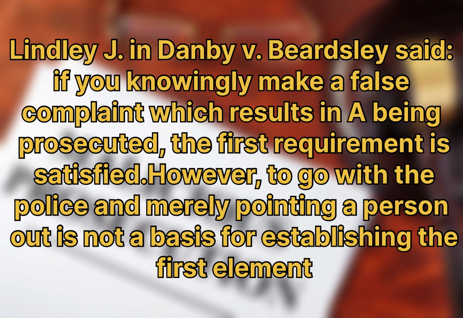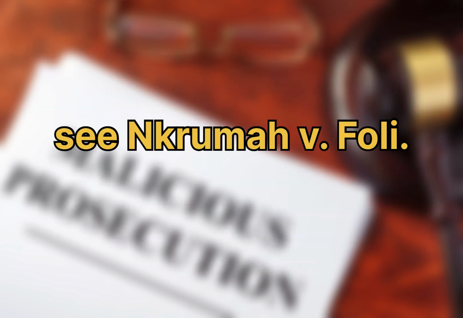However, to go with the police and merely pointing a person out is not a basis for establishing the first element. You can see Chroma versus Foley for more on this point.